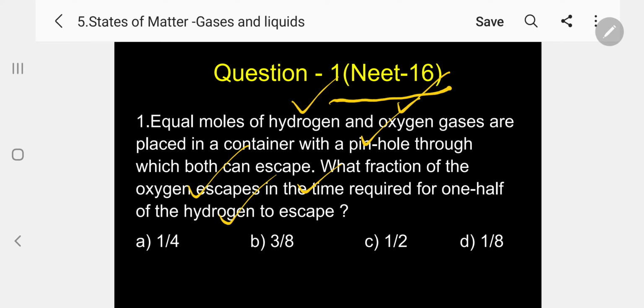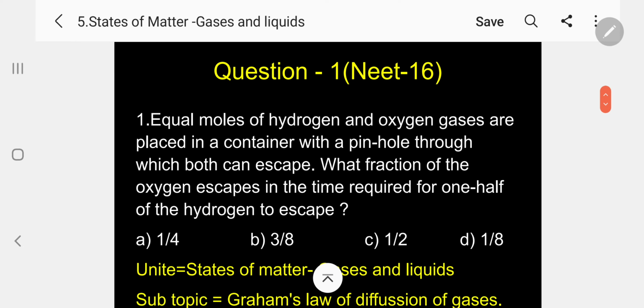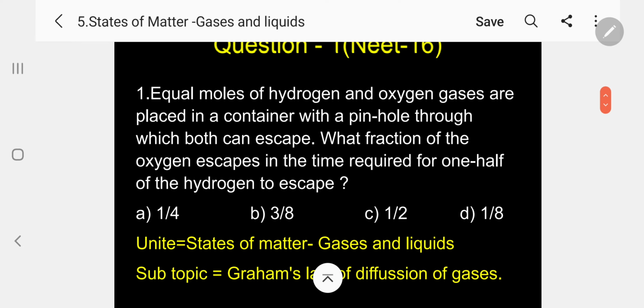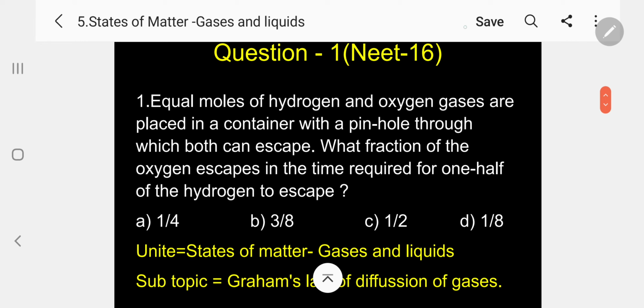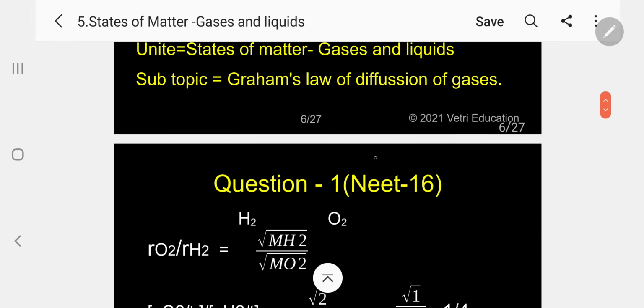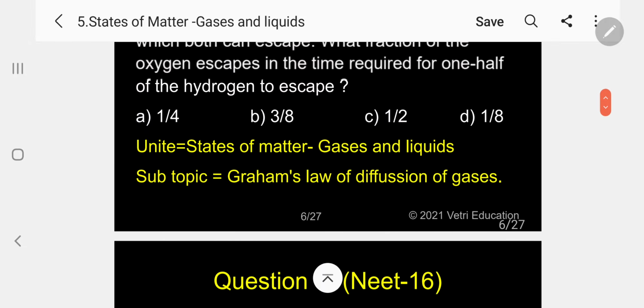By reading the question itself, this comes under Graham's law of diffusion, so let me explain. This question is asked under the unit states of matter, gases and liquids, subtopic Graham's law of diffusion. What is Graham's law of diffusion?